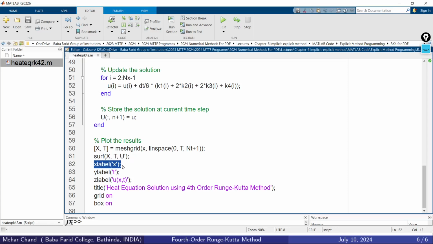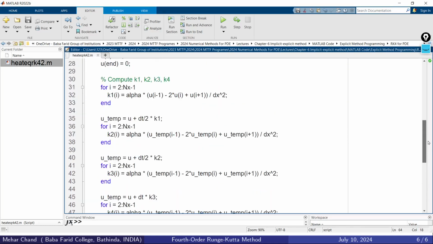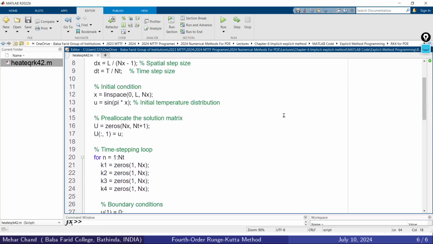The x label is x, y label is t, z label is u(x,t), and the title is heat equation solution using fourth order Runge-Kutta method, grid on and box on. So this is the complete MATLAB program using the Runge-Kutta fourth order method for a partial differential equation.